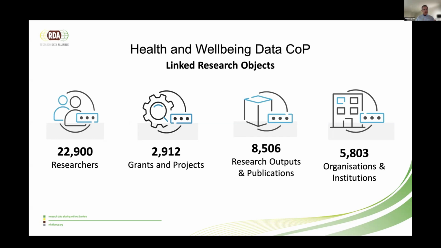You can think about them all as ORCID profiles that belong to these groups. We have grants and projects. We had more than 8,000 research outputs and more than 5,000 organization metadata records that indicate the partners who have been involved either in publications or projects in this series of projects.